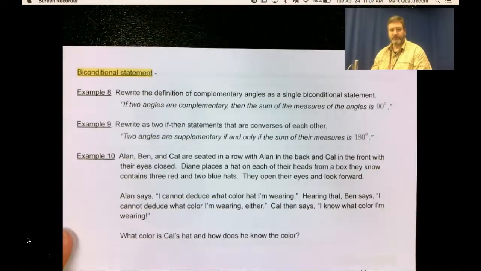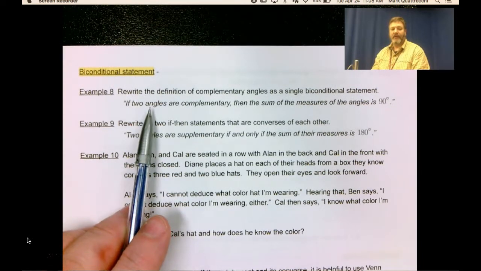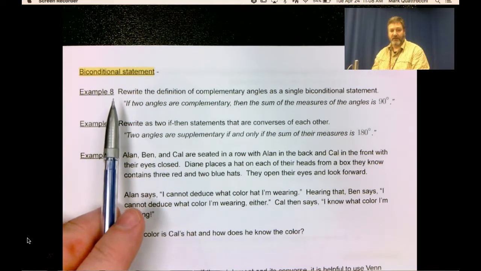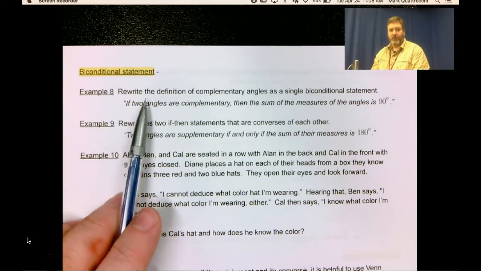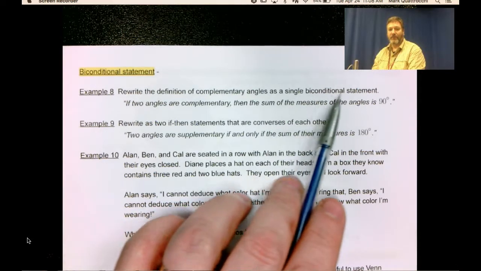Okay. Example 8. A biconditional statement is a statement that can be written when the converse and the conditional statements are both true. If they're both true, then we can write this biconditional statement. So we're going to rewrite the definition of complementary angles as a single biconditional statement.